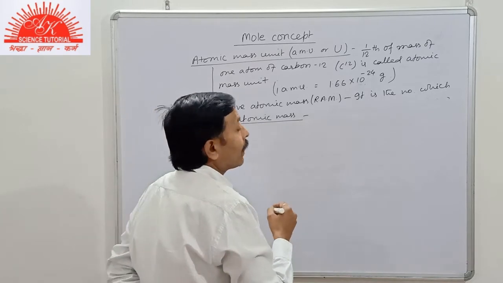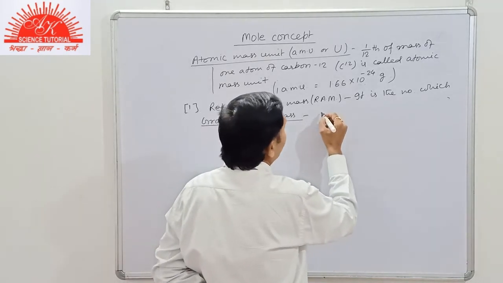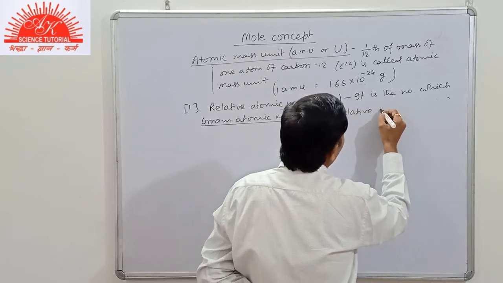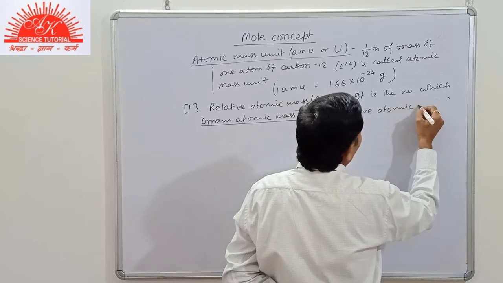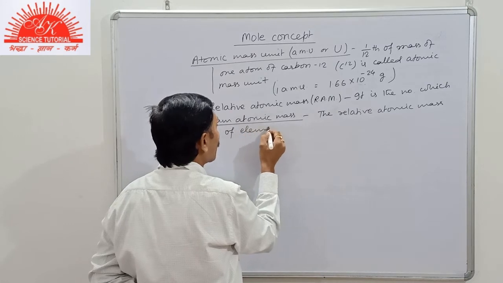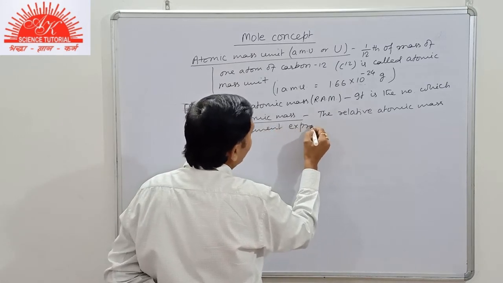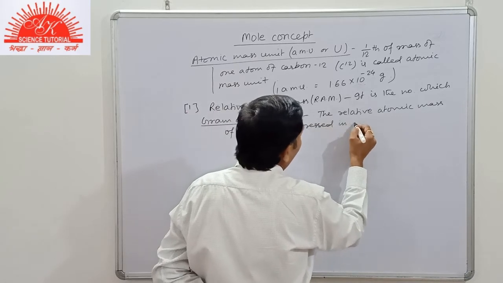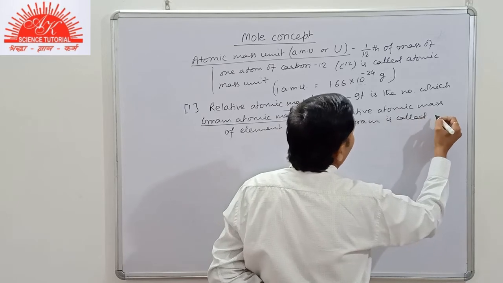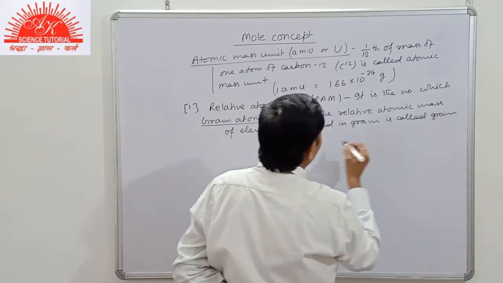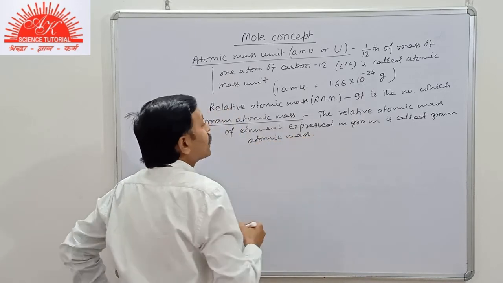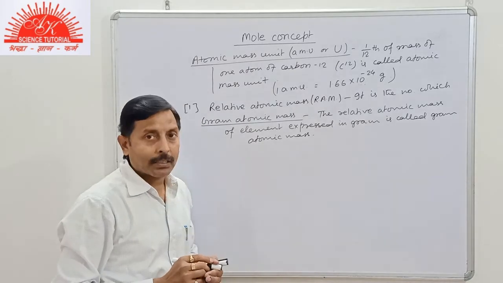Gram atomic mass. Now we can write it directly, that is, the relative atomic mass of an element expressed in gram is called gram atomic mass, or simply atomic mass.